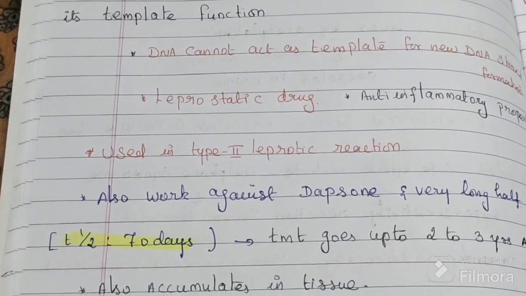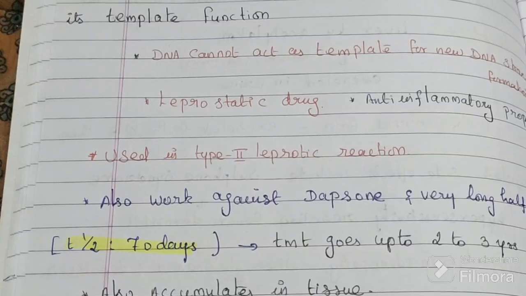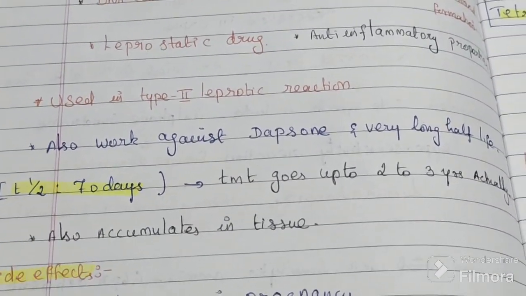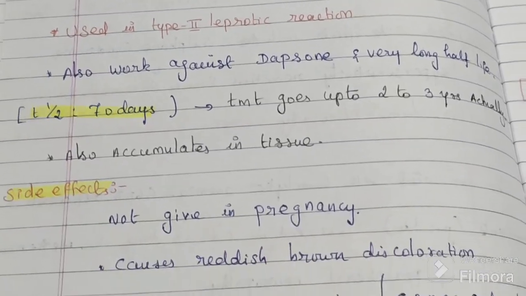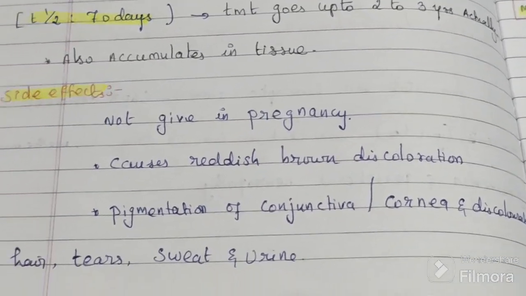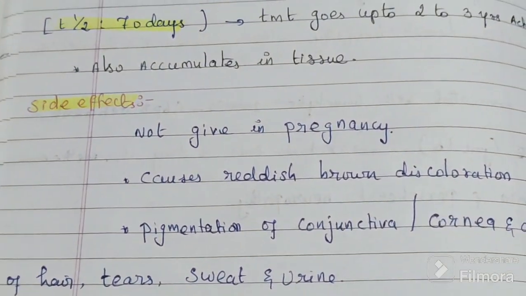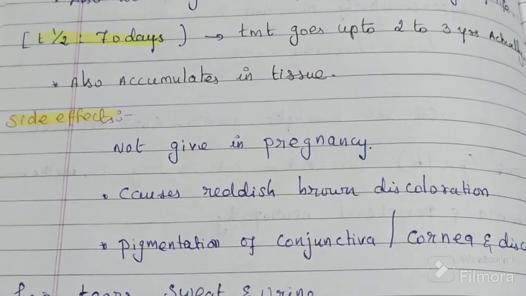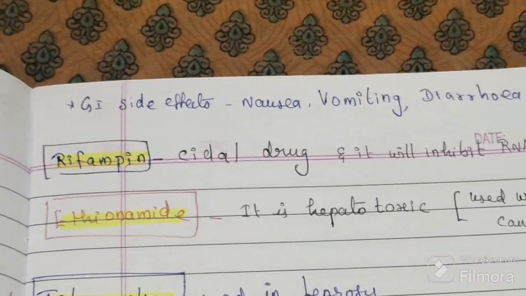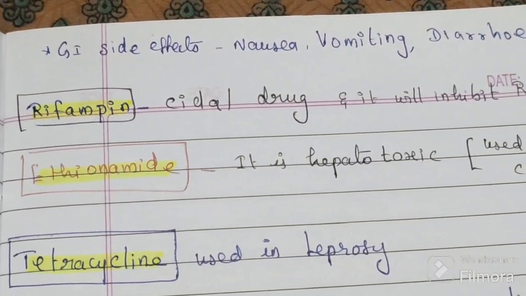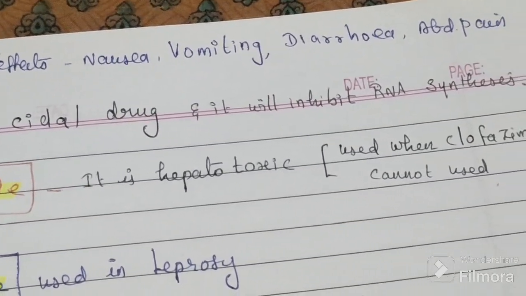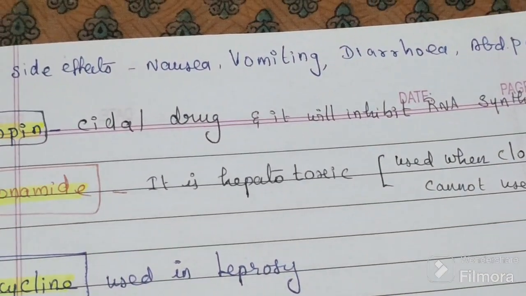It causes reddish brown discoloration of exposed parts of the skin, and also pigmentation of the conjunctiva and cornea, discoloration of hair, tears, sweat, and urine. Gastrointestinal side effects include nausea, vomiting, diarrhea, and abdominal pain.